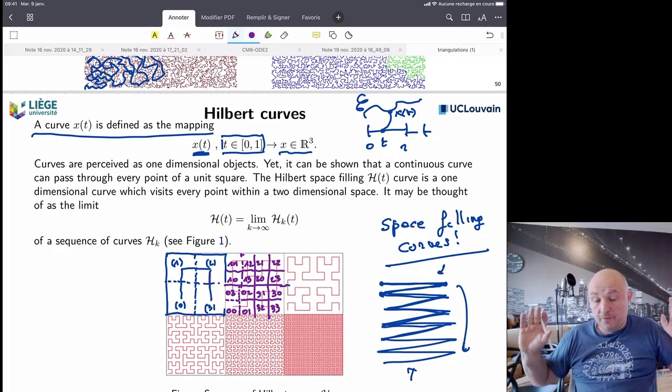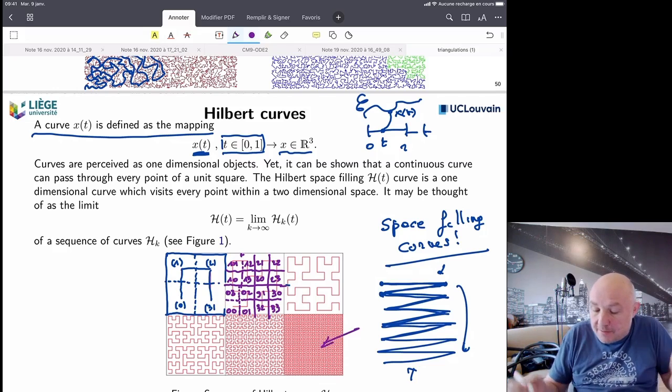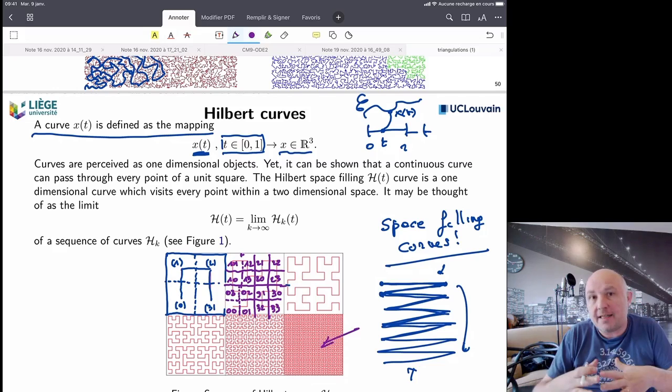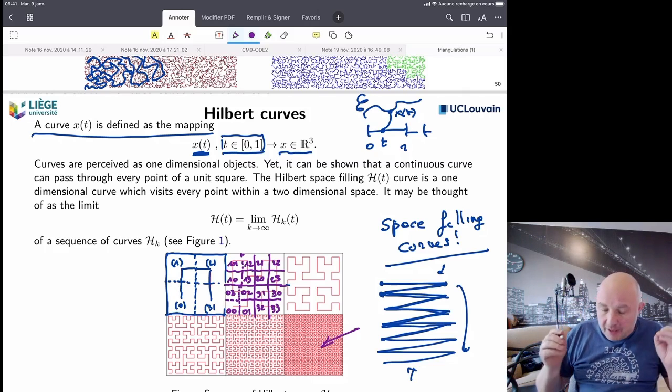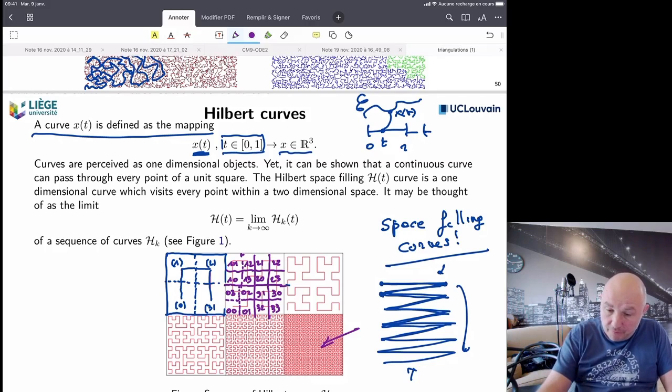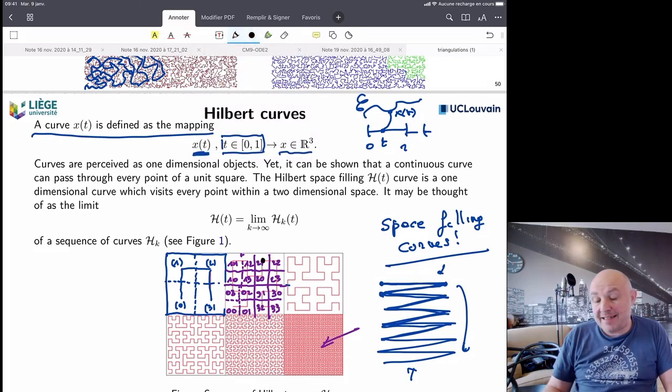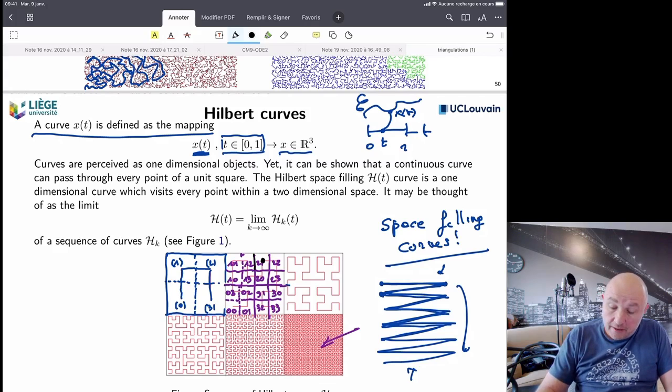So the Hilbert curve is a beautiful object, and you see that this is nice, but it's totally useless. Drawing the curve is just for having a beautiful figure. The Hilbert curve is just there to number quadrants. So the idea is that if you put any point, for example, here, it's extremely easy to find in which quadrant it is.